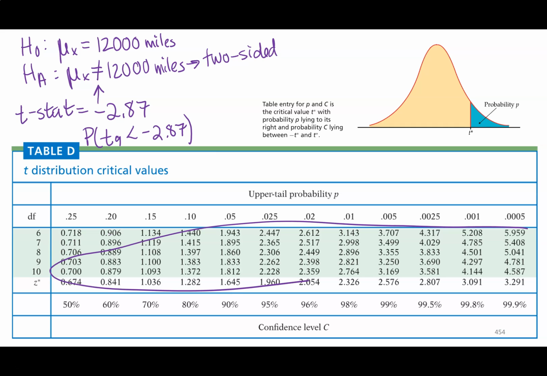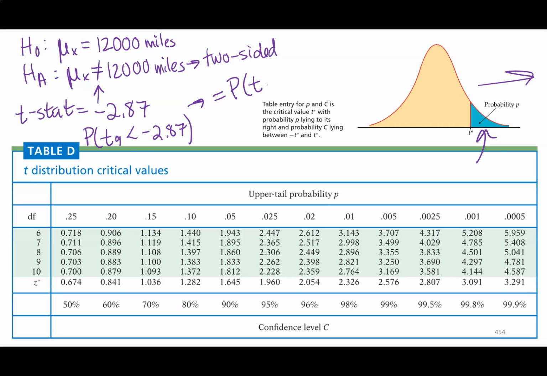If you look in here, there are no negative values. In fact, this is specifically looking at the upper tail. This is where we use the fact that it's completely symmetric to our benefit here. So this is equal to the probability that T9 is greater than positive 2.87. If I have negative 2.87, this area is the same as if this is positive 2.87.